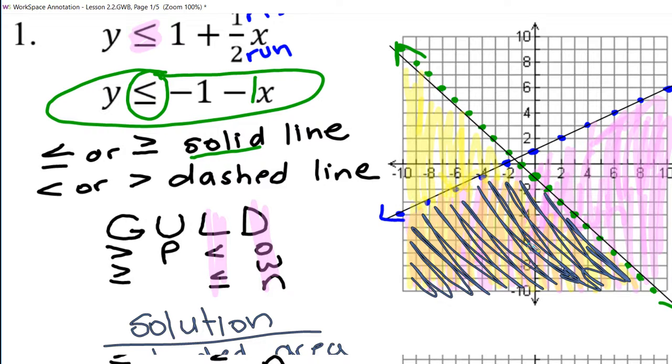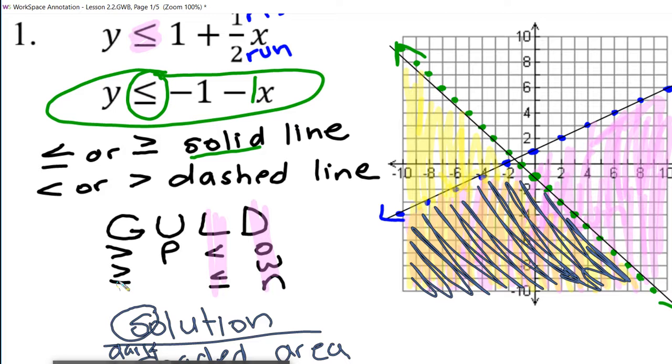And when I'm talking about the shaded area, I'm talking about the darkest shaded area. So it has to be in the dark shaded area. I might need to add that. But I started it with S because remember, in order to be a solution, it can be in that dark shaded area or on a solid line. So if you're asked for a solution, it's all the S's: in the dark shaded area or on a solid line adjoining that area.